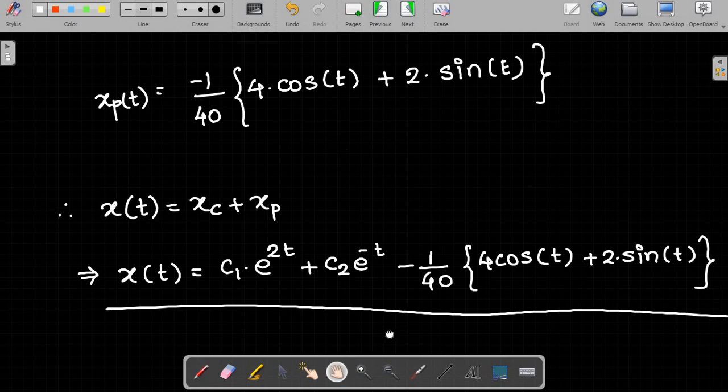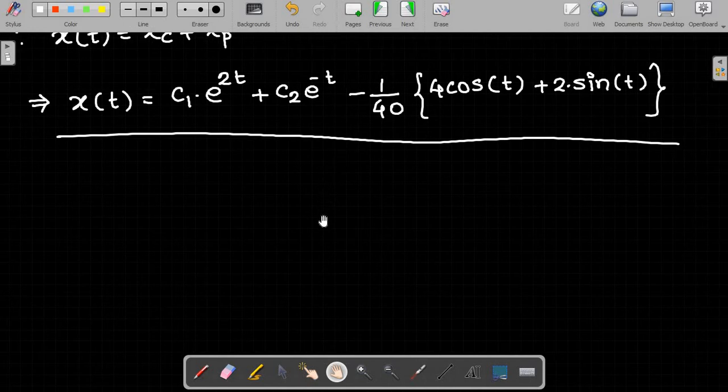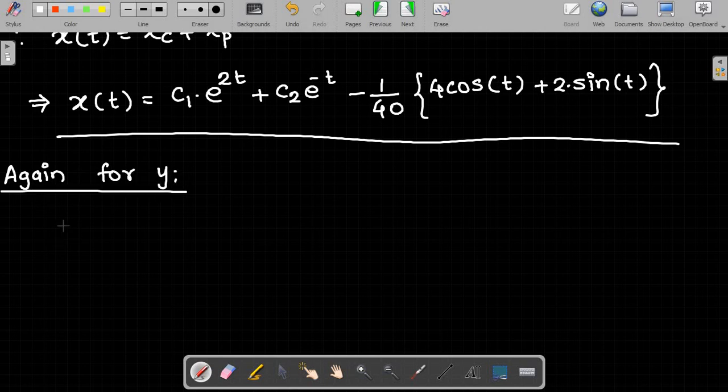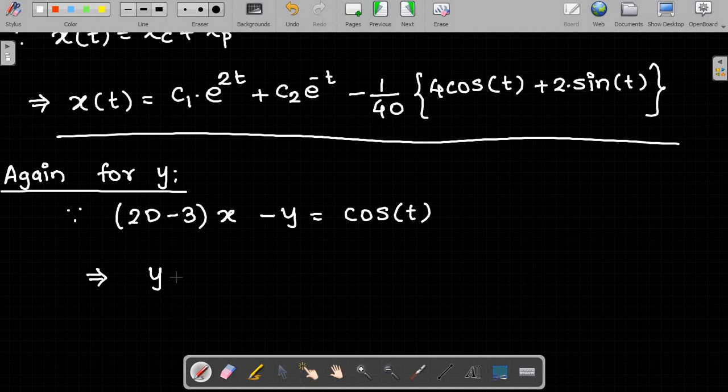Similarly, we can find the value for y. So again, for y, we can apply Cramer's rule, or we can use the given differential equations. Since the equation is 2 times dx/dt minus 3x minus y is equal to cos t, from this equation we can identify y is equal to 2 times dx/dt minus 3 into x minus cos t.